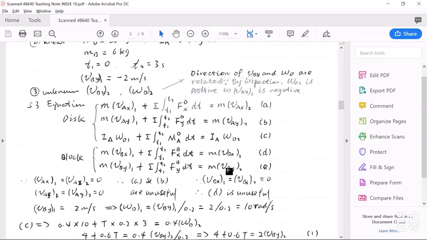In equation E, we have VBY1 and VBY2. VBY1 we already know is -2 meters per second. So omega D1 can be expressed using VBY1 divided by the radius of the disk.